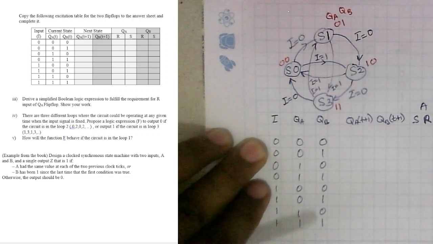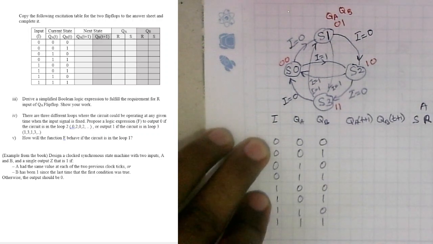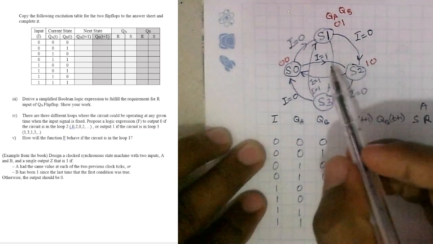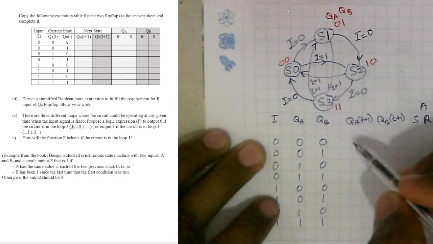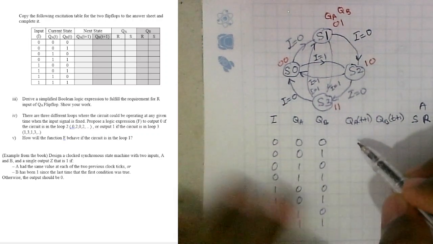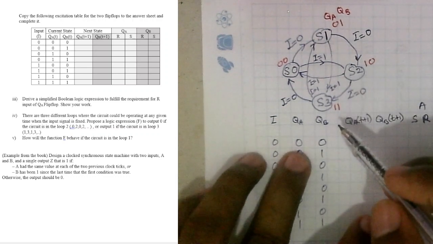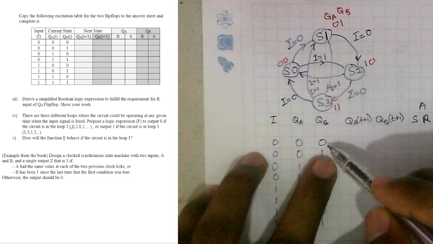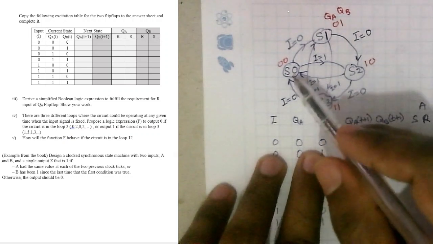Okay, how to achieve this transition now? First we have to represent this state transition diagram in the table, right? We have all the configurations, so we know which one will be the next based on the state transition diagram. So if QA is 0 and QB is 0 and the input is 0, QA QB 0 means we are at state 0, right?